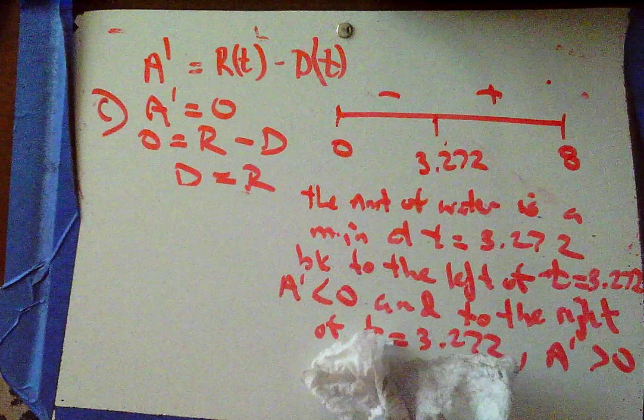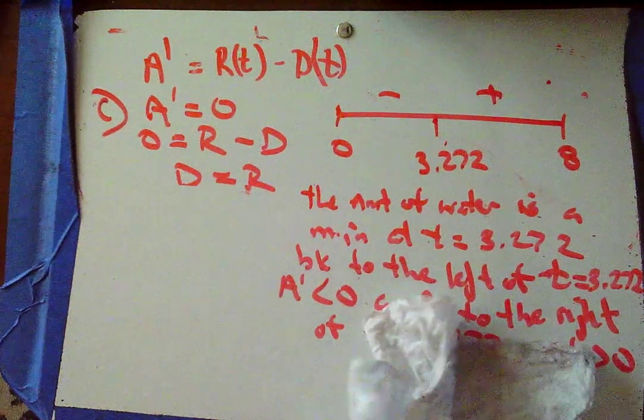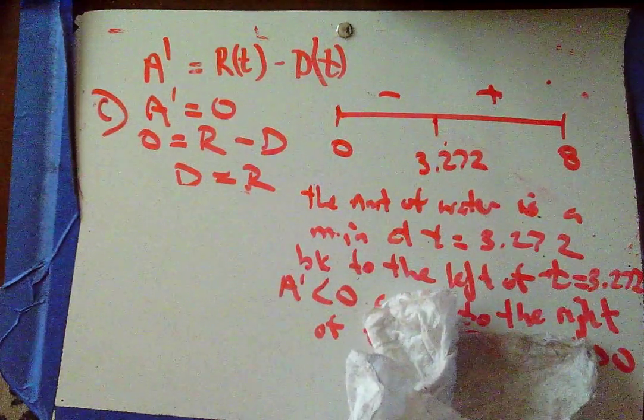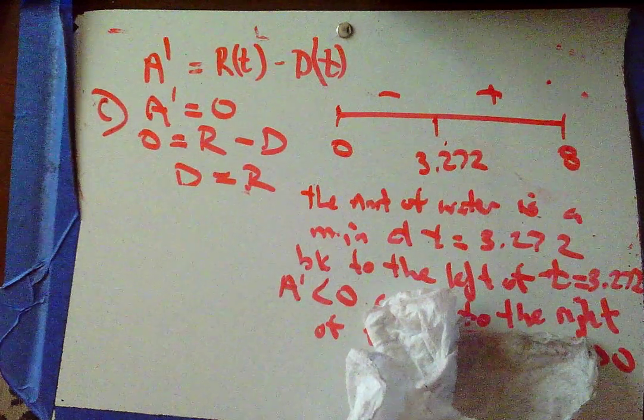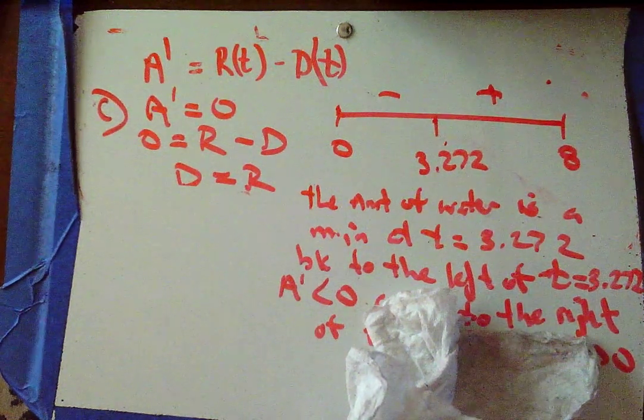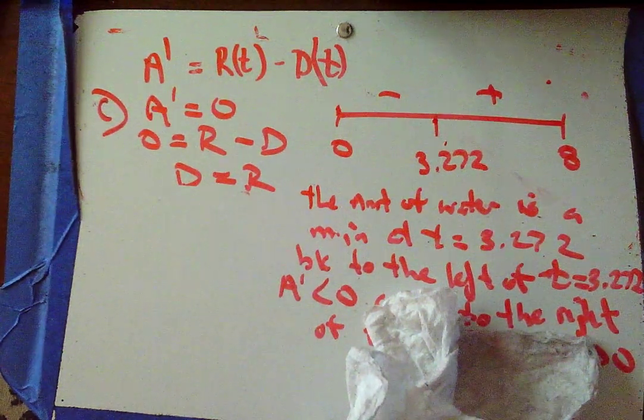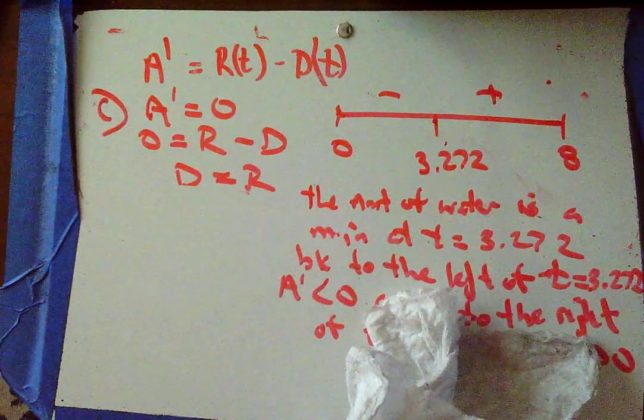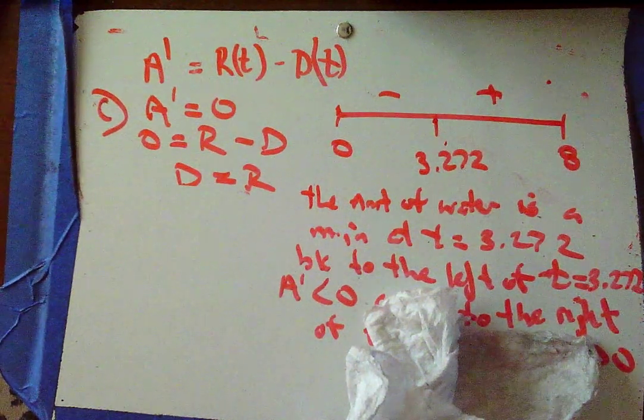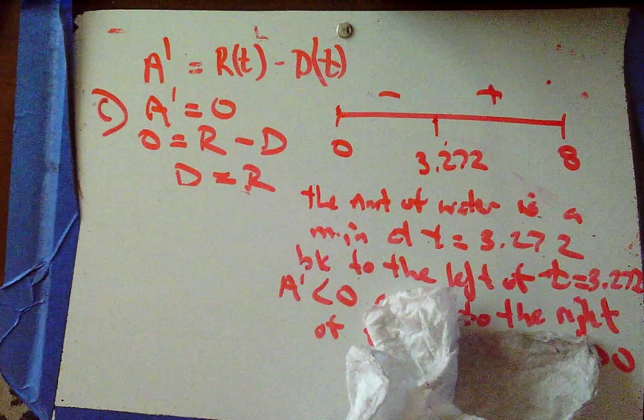The pipe can hold 50, and for t bigger than 8, water continues to flow into the pipe at the given rates until the pipe overflows.